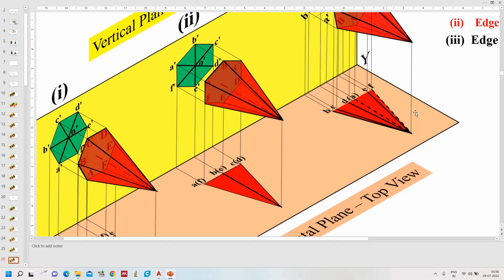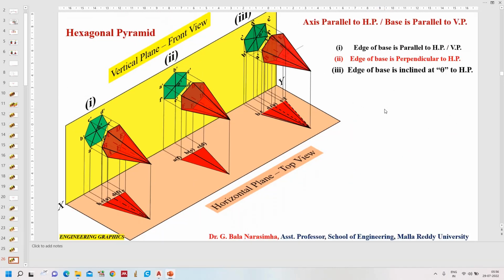The third case is when the edge of the base is inclined at an angle to the horizontal plane. Here the first case is horizontal, there is no inclination, parallel to both the planes, and then perpendicular to the horizontal plane. Now they are asking the edge should make an angle theta to the horizontal plane.